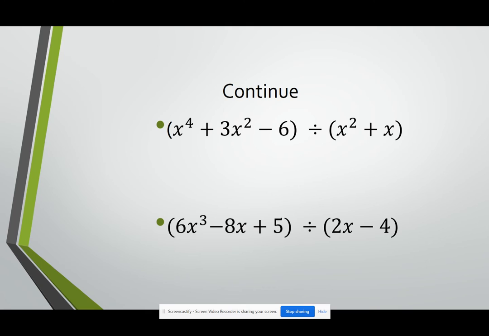All right, let's try the one on top. I'll do it over here. X to the fourth plus 3x squared minus 6, x squared plus x. So this becomes x squared. We subtract x to the fourth, subtract x to the third.